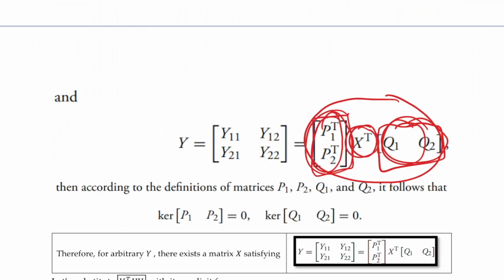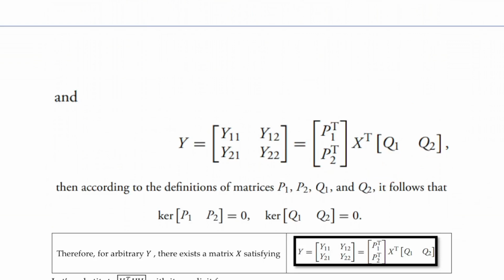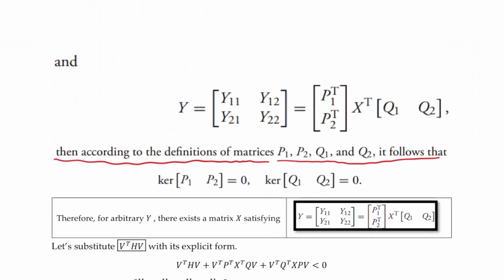And the transformed X is stated as Y, and the Y matrix is also partitioned as given here, right? Let's move on. Then, according to the definitions of matrices P1, P2, Q1, and Q2, it follows that, and this idea basically states that this matrix doesn't have a null space, meaning it is full rank. Informally we can state that.